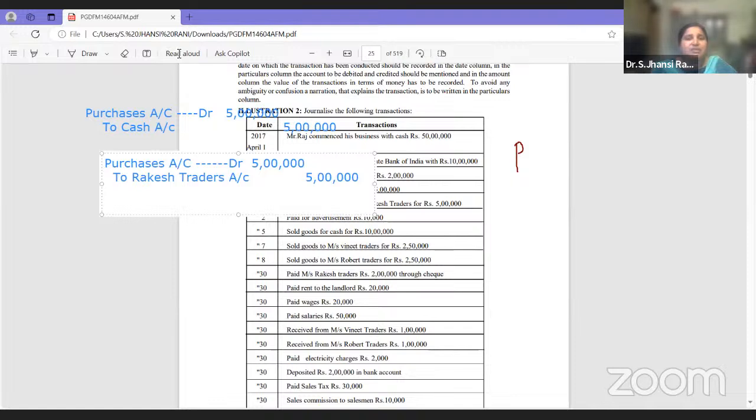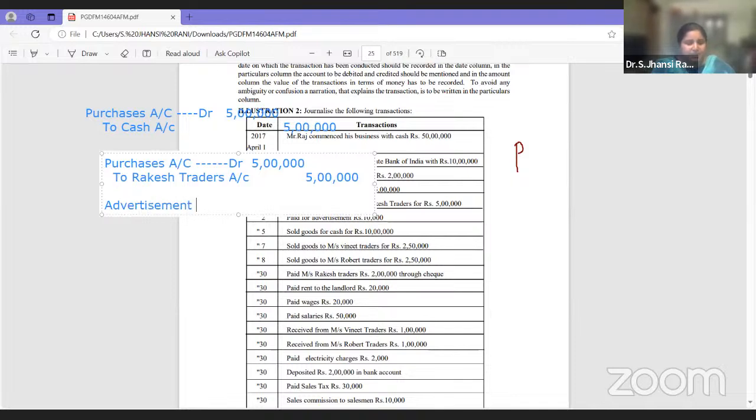So here advertisement is an expenditure to my business. What I will do, as per nominal account, debit all expenses. So I will debit advertisement. I will write advertisement. I have to debit now.